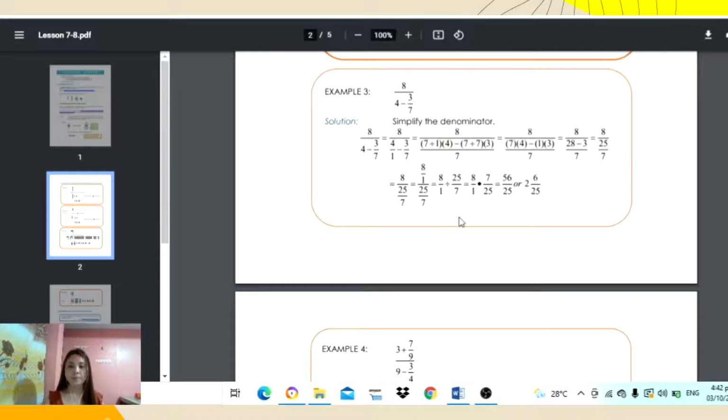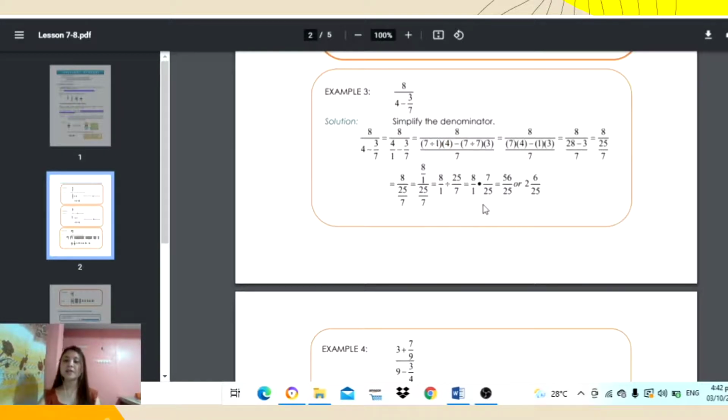And again, in performing division on fractions, we have to get the reciprocal of the divisor, which is 25 over 7. So its reciprocal is 7 over 25. So multiply 8 over 1 by 7 over 25.